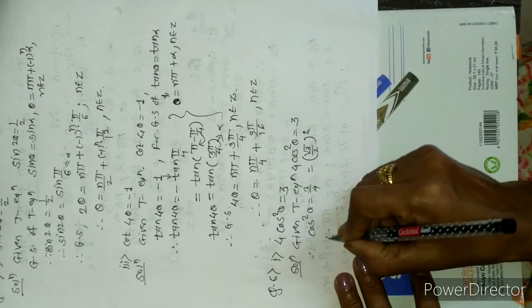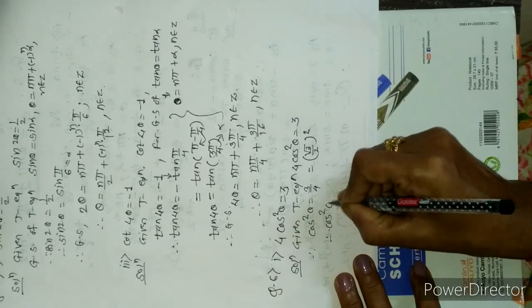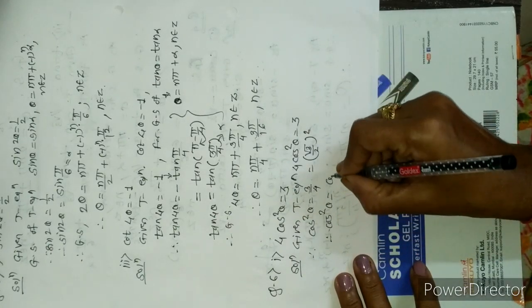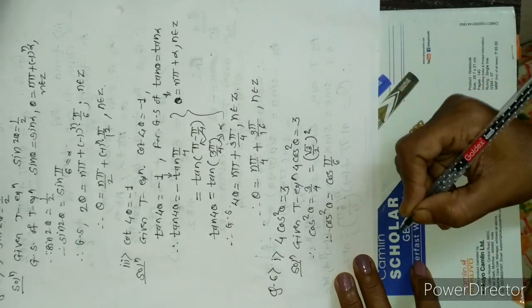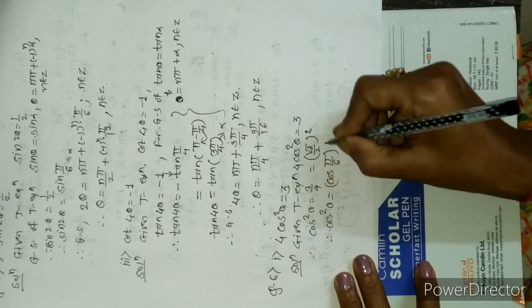So we can write cos square theta, instead of root 3 by 2, we can write that value for cosine, and the angle is 30 degrees, because cos 30 is equal to root 3 by 2 and its square.